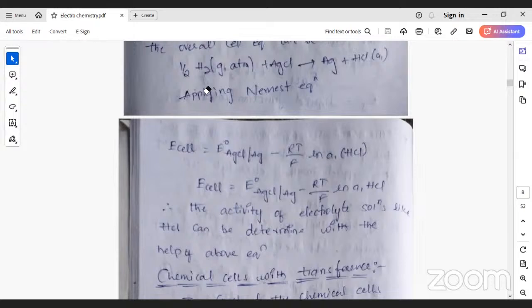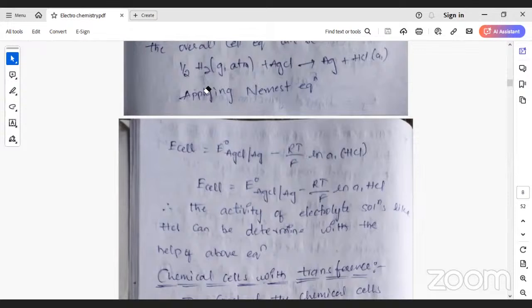So the overview of today's class: introduction to electrochemistry and redox reactions. Redox reactions involve both oxidation and reduction. Any reaction involving oxidation and reduction is called a redox reaction.